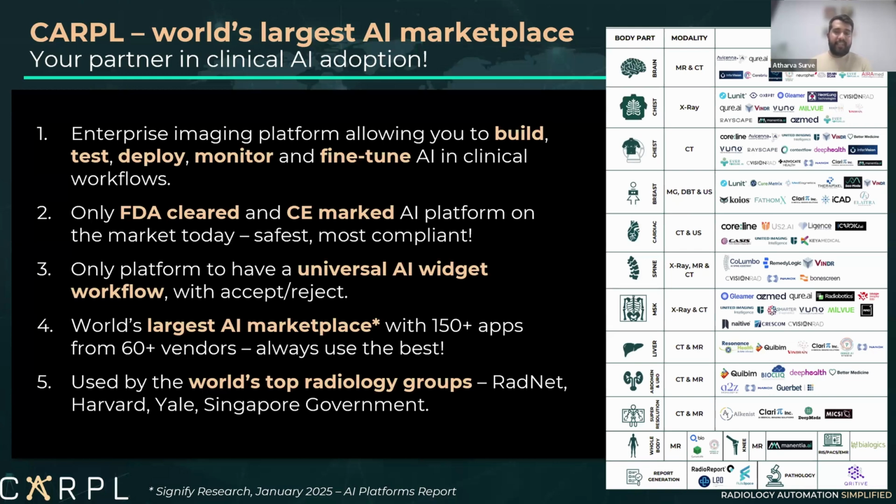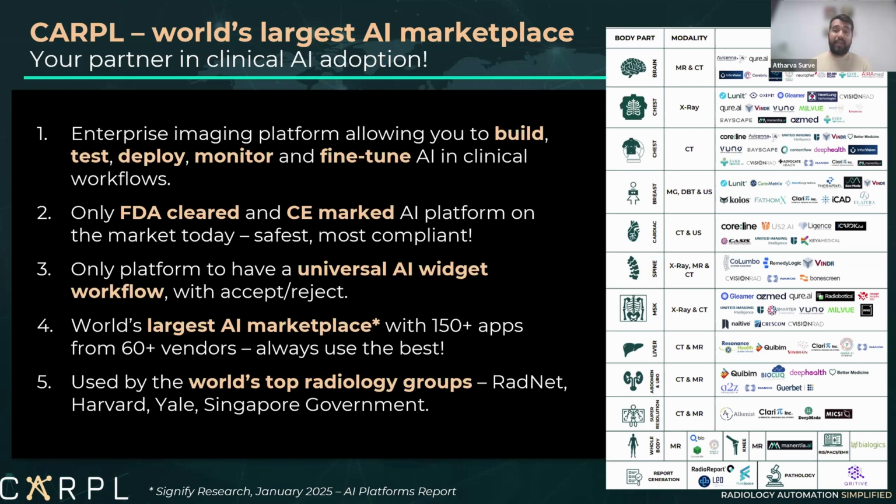And we also have an interesting, non obtrusive, and extremely powerful universal AI widget as well that we'll cover in our session today. Another thing to make note of is we are the largest marketplace in the world. As of last counting, we have over 154 AI applications on our platform as per our friends at Signify Research. On the right, you can see the banner which covers all of our AI applications.